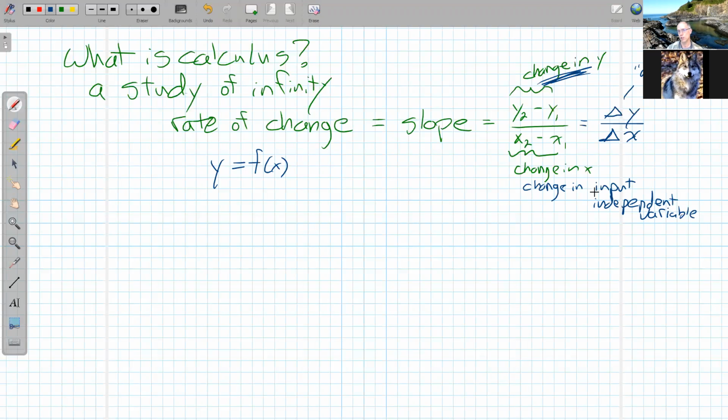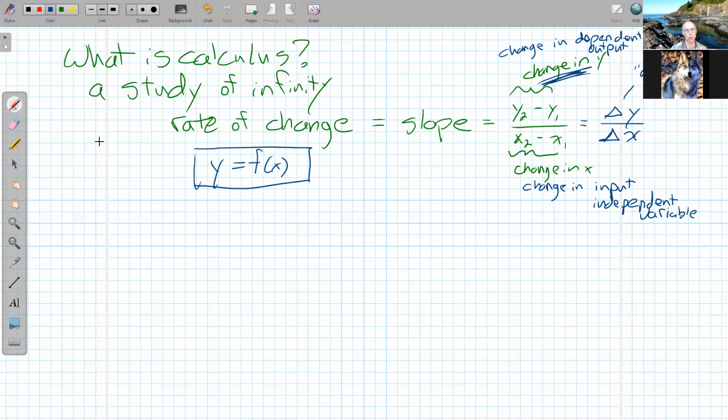And the y is the corresponding output variable. And because of this functional relationship here, y depends on x, right? That's what this means. So this is our dependent variable. So we have a change in the dependent variable. And this is the main study for this quarter.